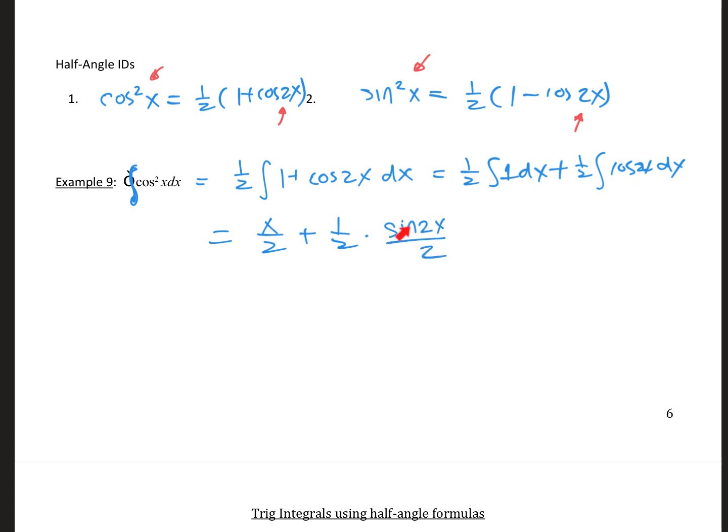When I take the derivative of sine 2x, I get cosine 2x times 2, so that'll cancel this one out. This 1/2 is here, so then what do I get? x over 2 plus sine 2x over 4 plus c. That'll be my answer here. So this kind of strategy is convenient when you have only even powers. I don't have any odd power, so I don't get the cosine x dx to be du.